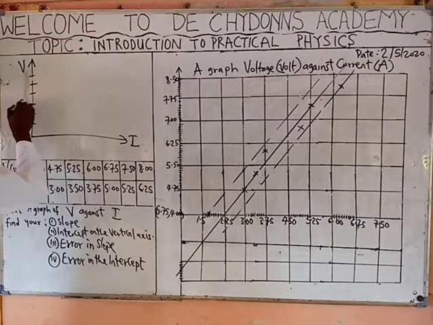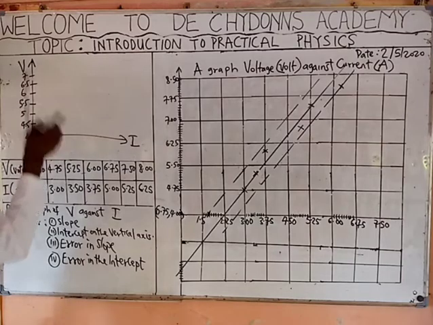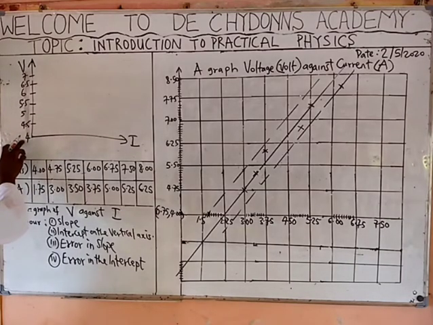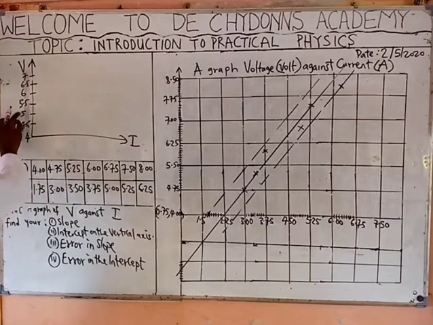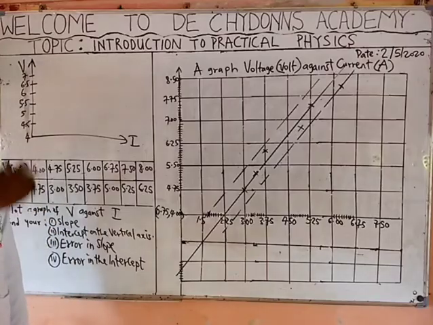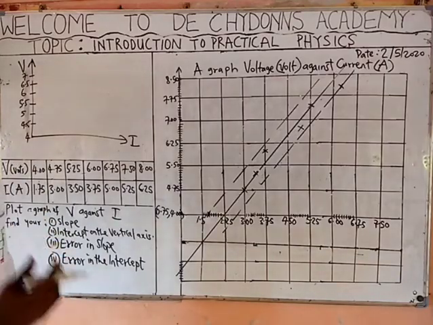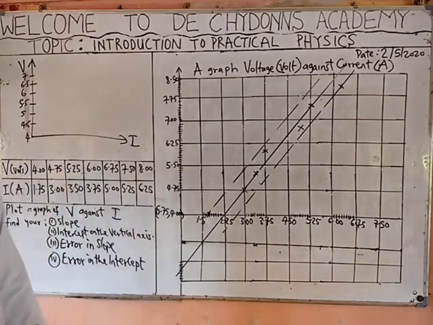Then here 5.5, 6, 6.5, 7. You can see now 4.5 minus 4, 0.5. 5 minus 4.5, 0.5. 5.5 minus 5, 0.5. 6 minus 5.5, 0.5. 6.5. So they are in uniform. That is, they are in a difference of 0.5.